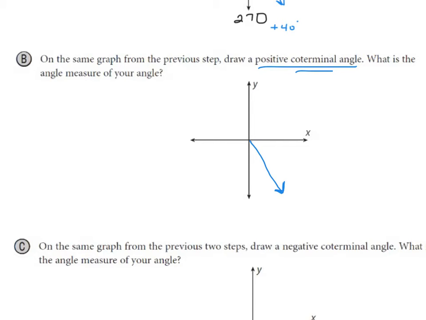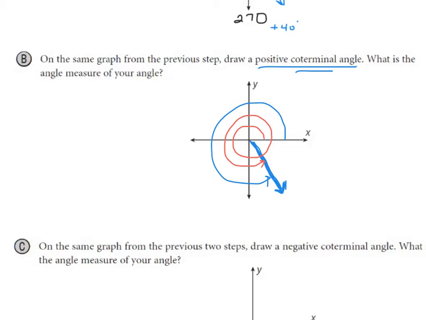So what I'm highlighting here in blue, that is the terminal side. And we want a positive angle, so that means we're going to go counterclockwise. So rather than just going around once, let's go around twice, and boom. There is a positive coterminal angle. Maybe I should draw in the first one. The first one started at 0 and went that direction.